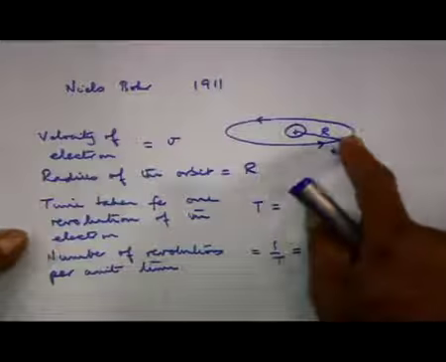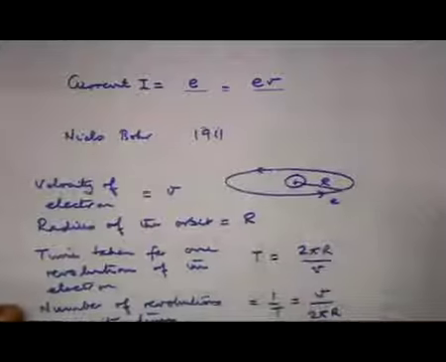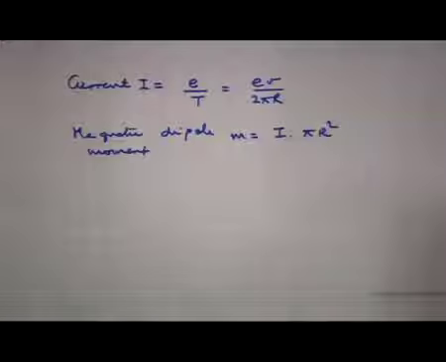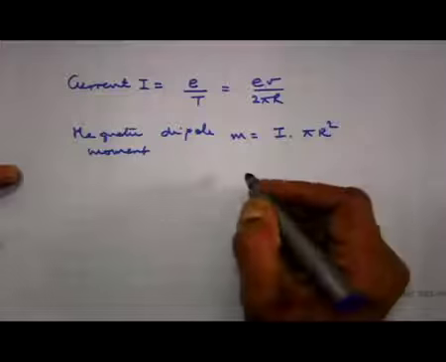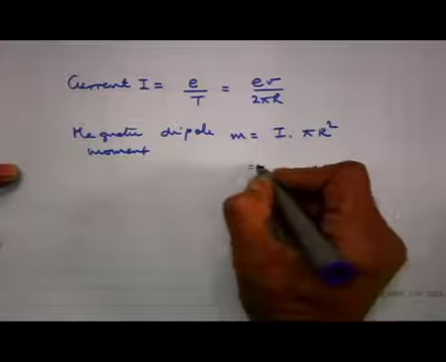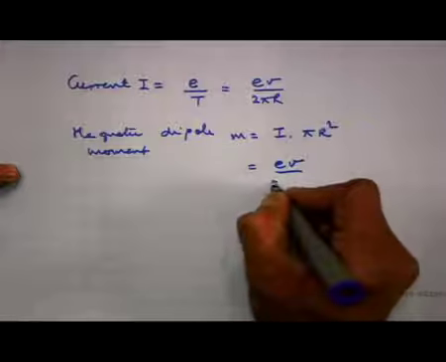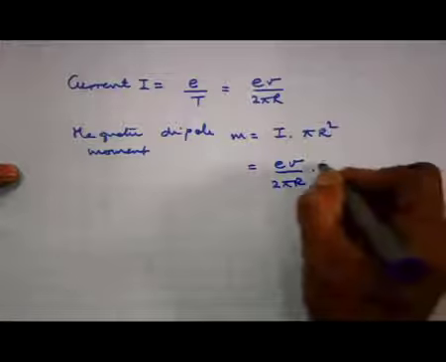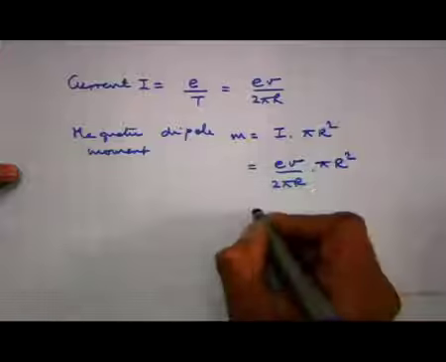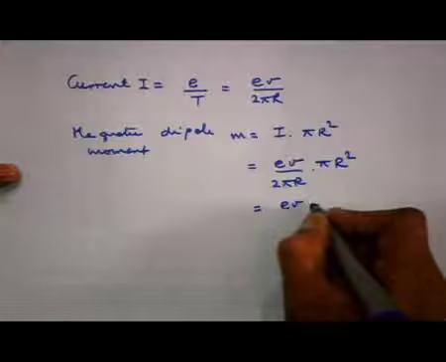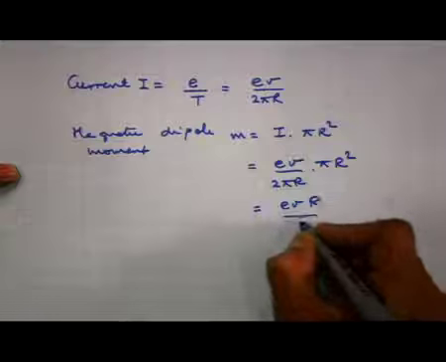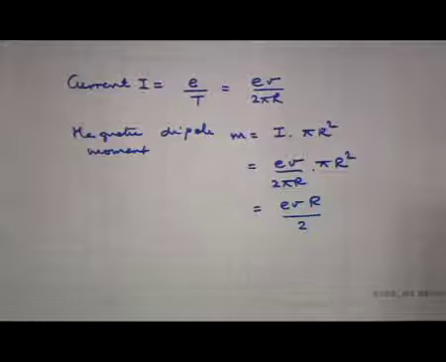At every point there is a current I, and it is a loop of radius r. So, the magnetic dipole moment is I times pi r square, which is equal to E v by 2 pi r into pi r square, which is equal to E v r by 2. Pi cancels, r cancels, E v r by 2. So, that is the magnetic dipole moment of this loop here.